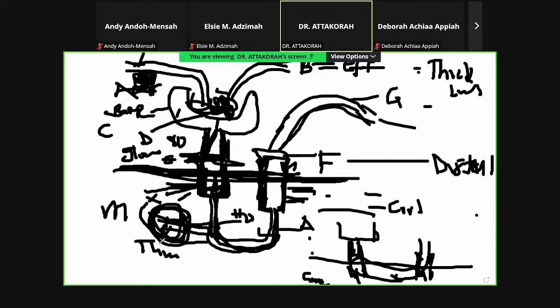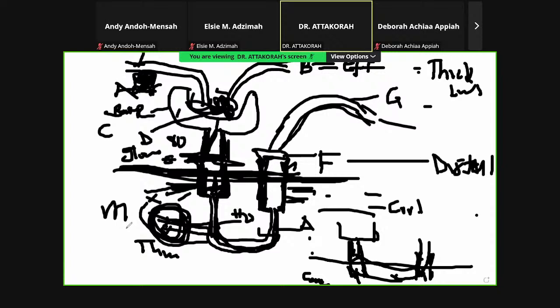Other than that, I'll ask you a question for me to know that it's okay. So these thick tubes here are there to ensure that sodium, glucose gets into the medulla.